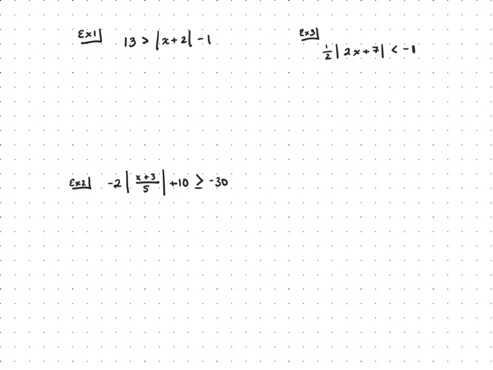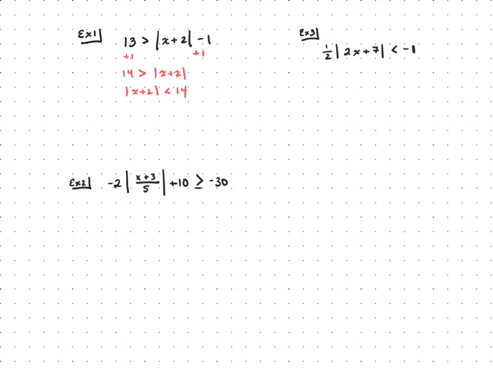I wanted to do an example where the absolute value is on the right, just to clarify what to do there. I'll start by adding 1. Let's get that out of the way. And we have 14 is greater than the absolute value of x plus 2. You should have some practice switching this. This is really the absolute value of x plus 2 is less than 14.